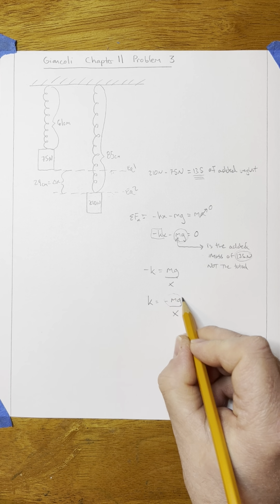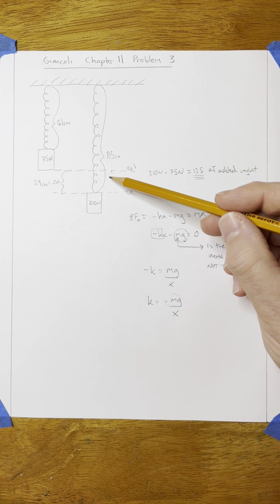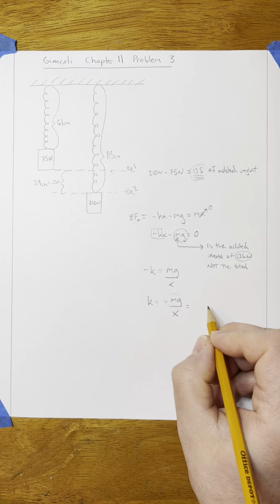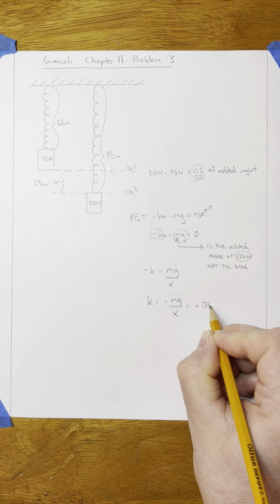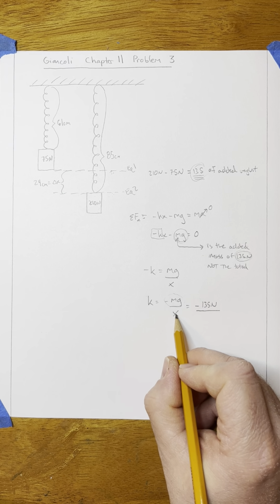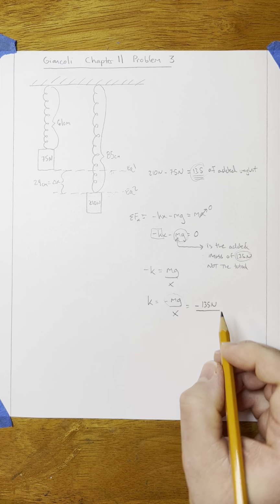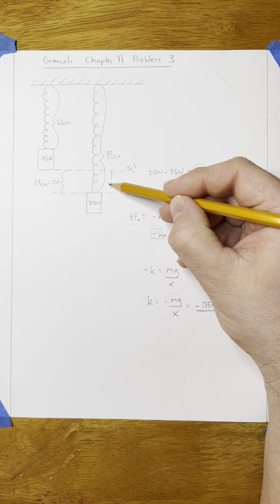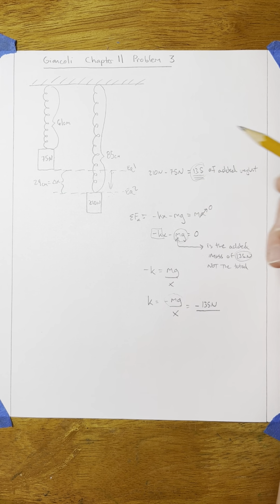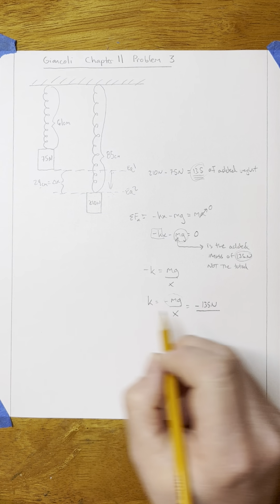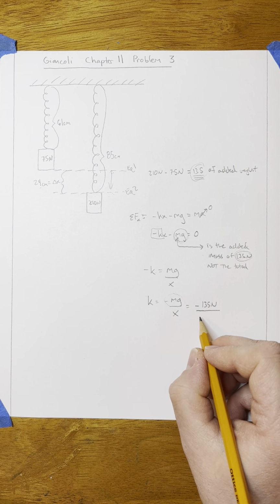Our mg is the change in weight, the added 135 newtons. So this is negative 135 newtons divided by our change in displacement. We're going from here to here, in the downward direction, so I choose down to be negative. So my change in displacement, 24 centimeters, I'm going to convert to meters.